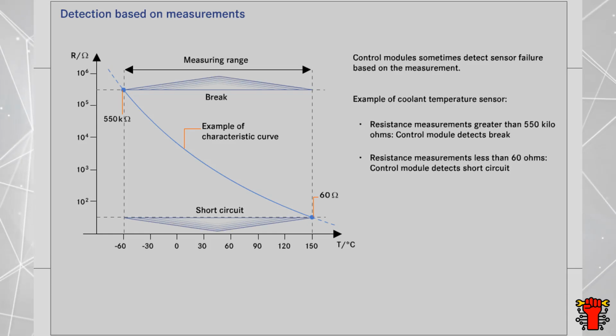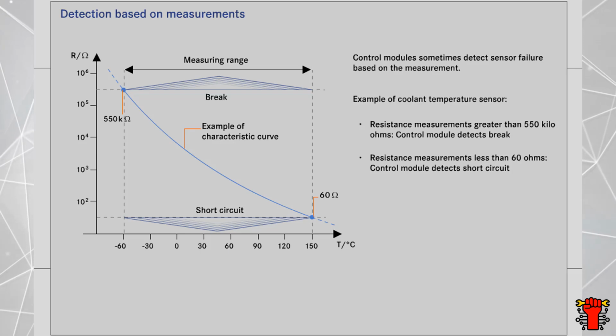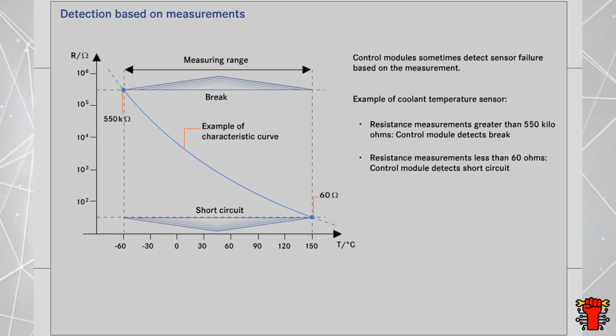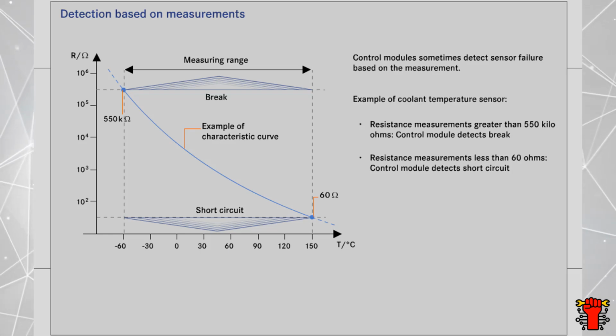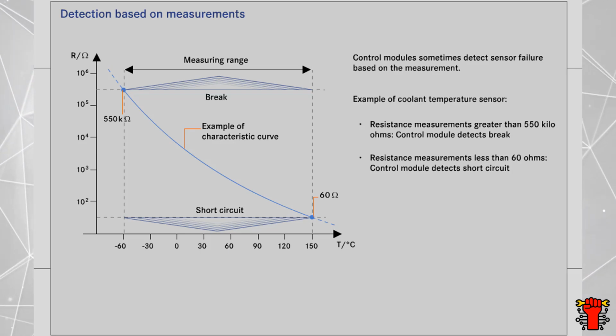A resistance higher than 550 kiloohms will be detected by the control module as a break in the line, whilst a resistance lower than 60 ohms will be detected as a short circuit.